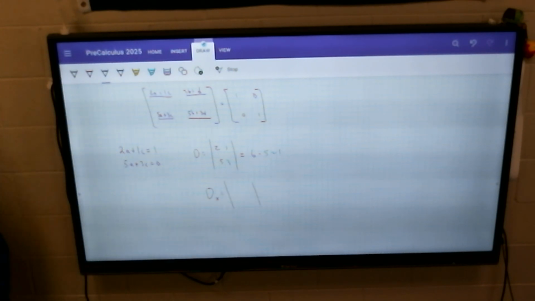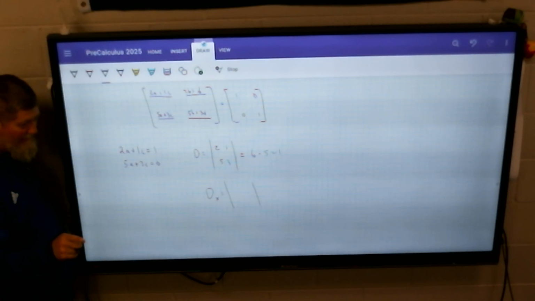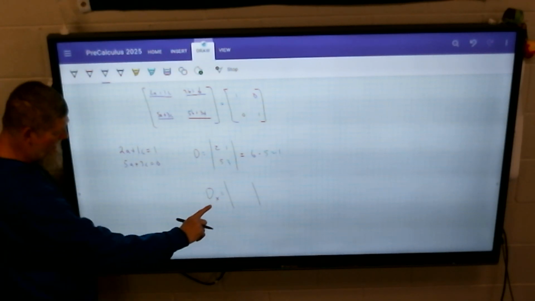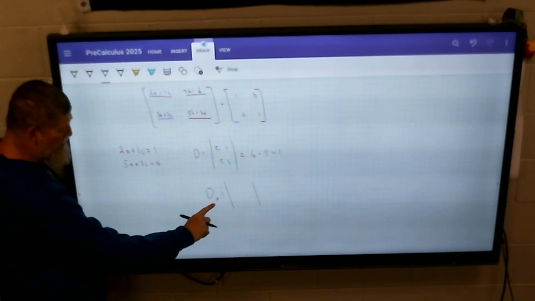How do I change D to make D sub x? You take the left side. It tells you what you put in for.